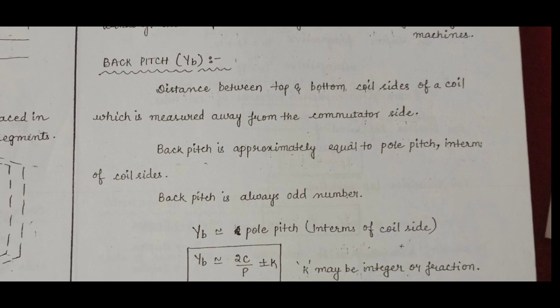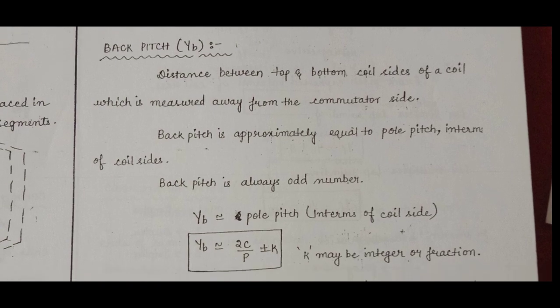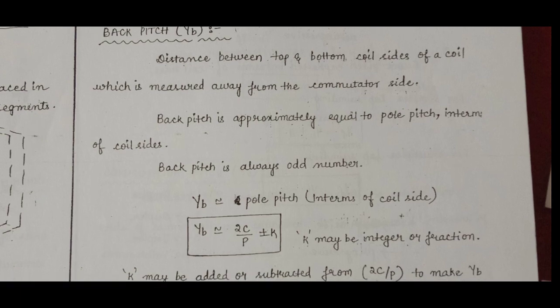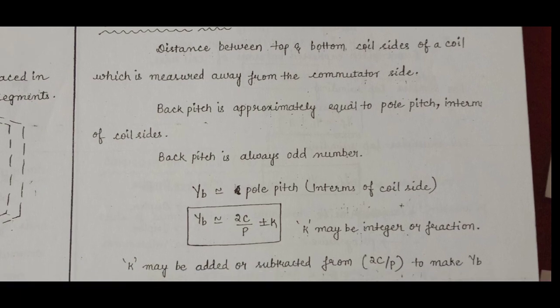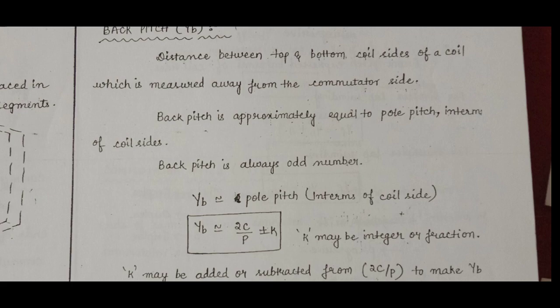Back pitch. It is the distance between the top and bottom coil sides of a coil, measured away from the commutator side. The back pitch is approximately equal to the pole pitch. In terms of coil sides, back pitch is always an odd number.